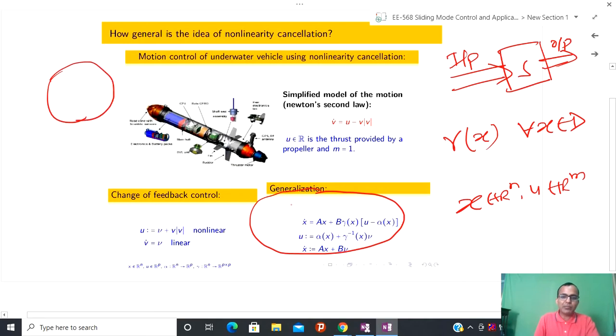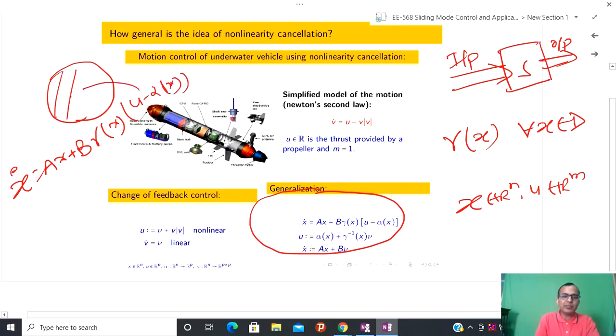Whatever mathematical model I have created, x dot equals Ax plus B gamma(x) times u minus alpha(x), where A and B are constant matrices, is only valid in this particular region, because when creating a nonlinear system, you cannot make sure it is valid everywhere.